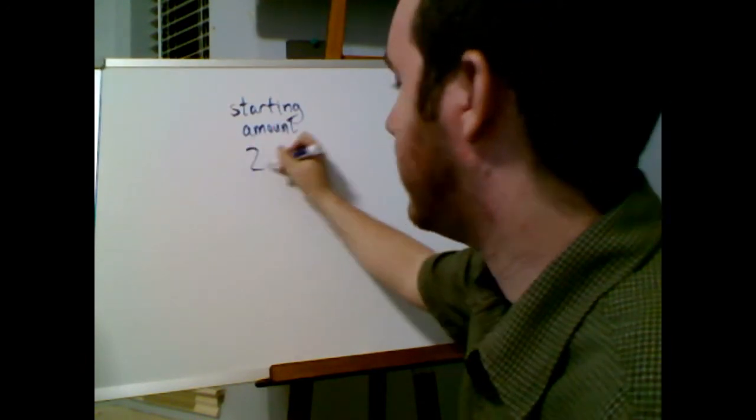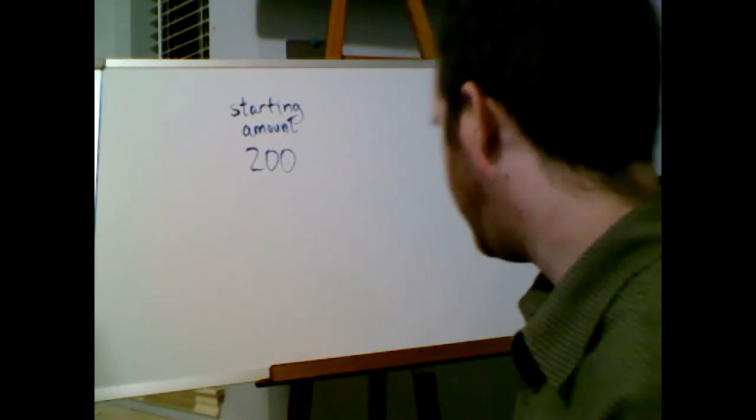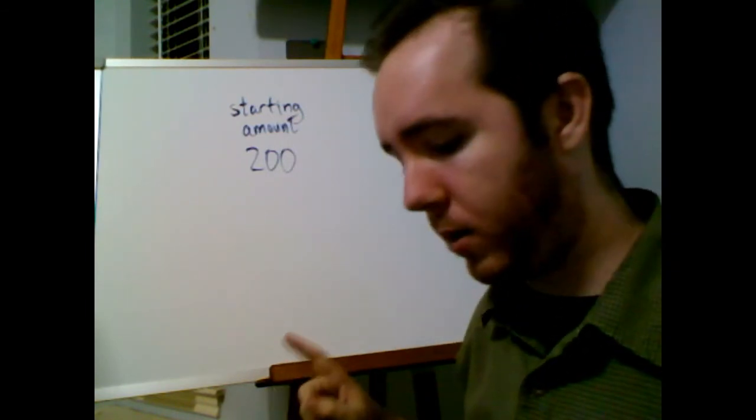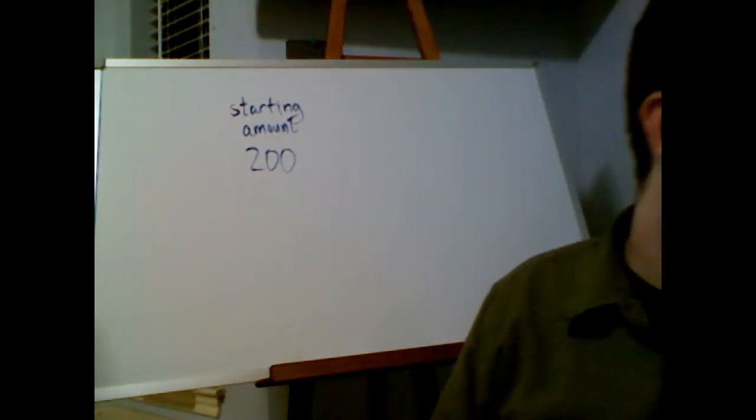So the starting amount is $200. But that's not enough. He needs more. He doesn't have enough. So we are going to need to find my black marker for one. There it is.